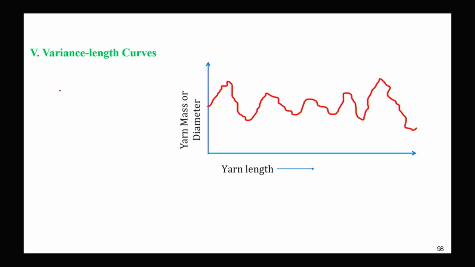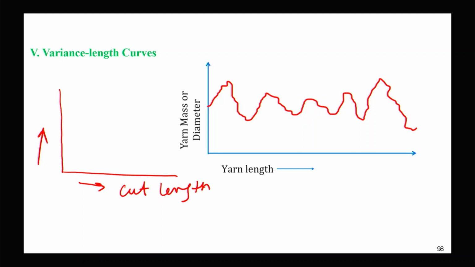So as it is between the small pieces, variance between the small pieces, cut length in the x-axis, and y-axis, it's a variance between cut length.